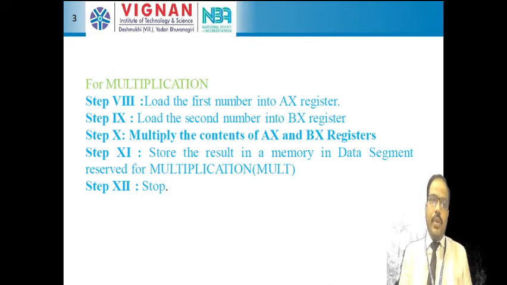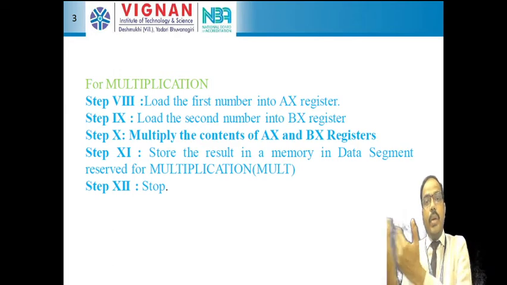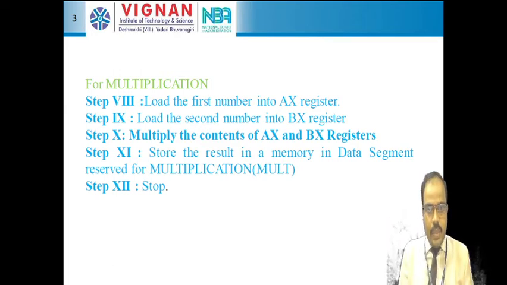Similarly, for multiplication, load the first number into the AX register, load the second number into another general purpose register BX, and multiply the contents of both AX and BX. We get the result, and it will be stored in the data segment reserved for mult.